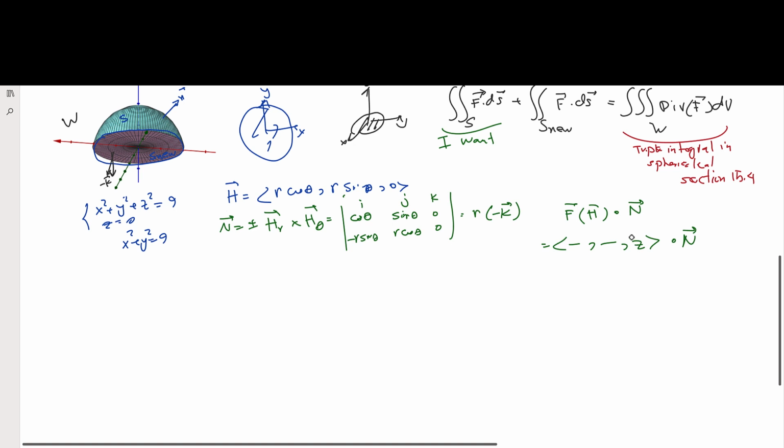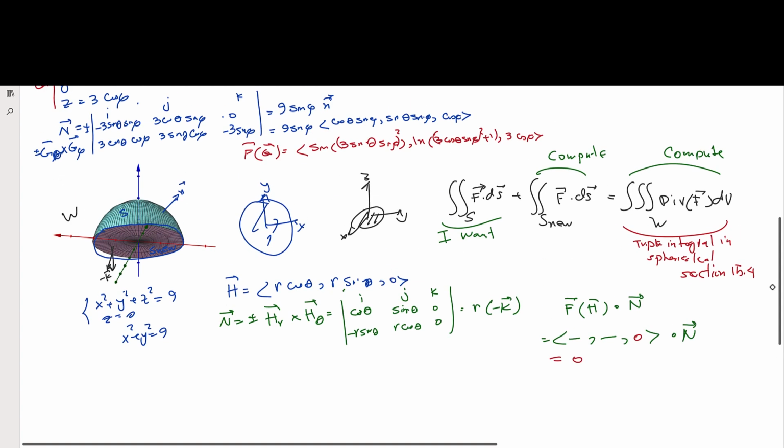And I know parameterizing, z was equal to 0. So this is going to be 0, and the surface integral of 0 is equal to 0. All I need to do is find the divergence of f and then do a triple integral.